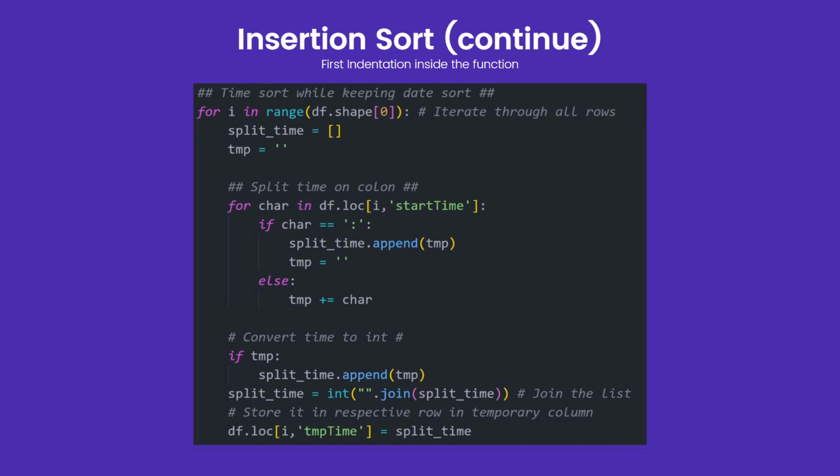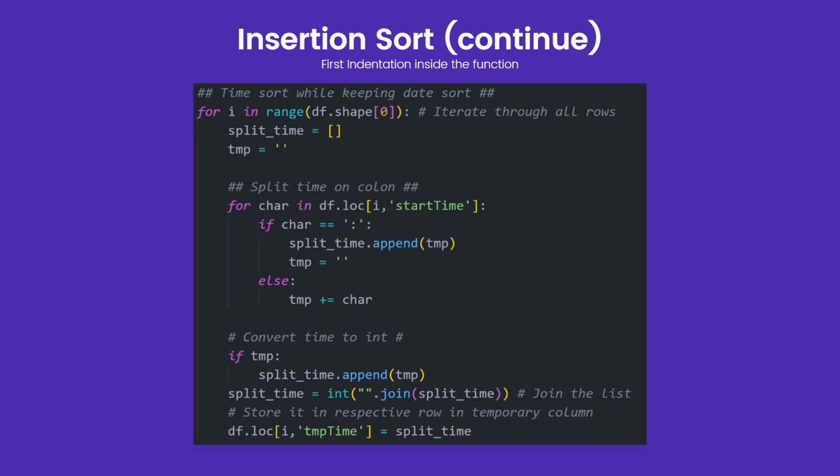This is a time sort algorithm. While keeping the order of the date sort, the algorithm is very similar, but instead of splitting the string on space, this will split it on colon.